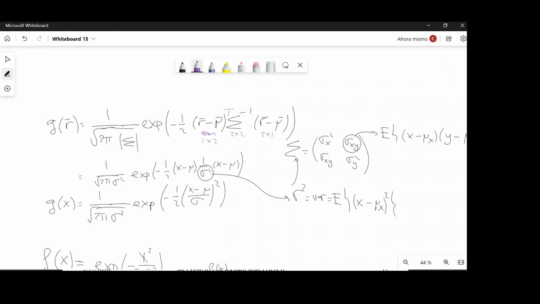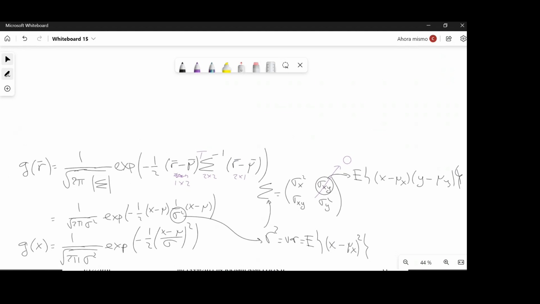There is a trick. Let's say that this value is 0. If that value is 0, then you can show that this is equal to a Gaussian in x times a Gaussian in y. And that is what you have in the slide.